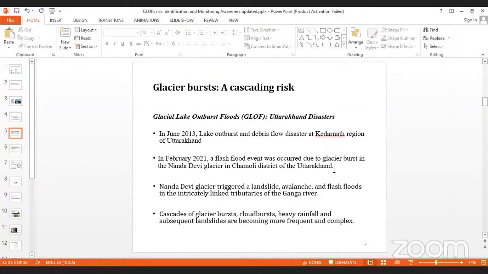Then again, last year, 2021, a flash flood occurred due to a glacier burst in the Nanda Devi glacier. Again, we found loss of life as well as damage to infrastructure. If we focus on Nanda Devi, we found that the glacier triggered a landslide, avalanche, and flash floods.